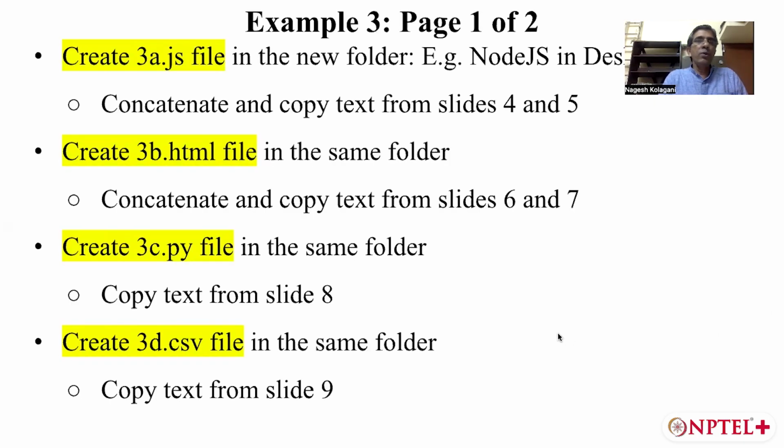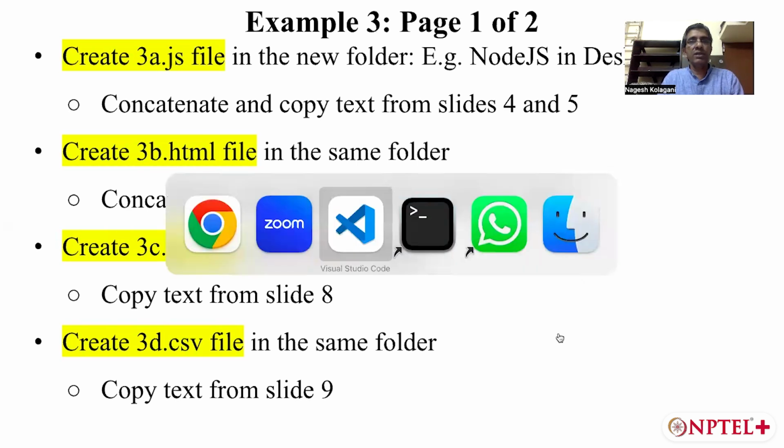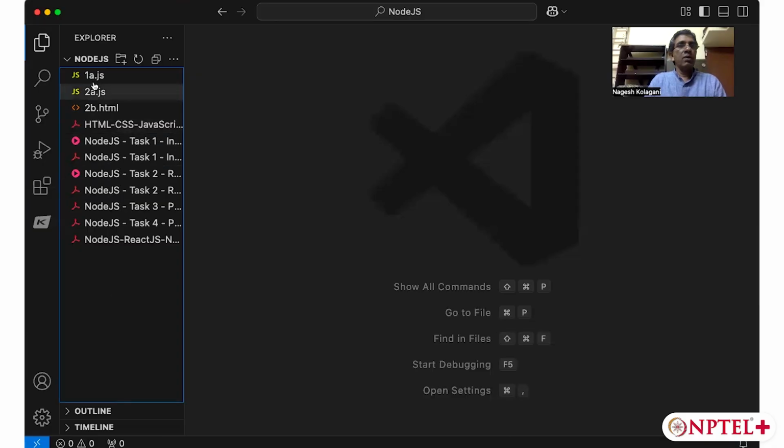So what do we do? We create a 3a.js file, just like we created the 2a.js file in the previous task 2, and we concatenate and copy text from slides 4 and 5. So let's first create 3a.js. I already have 1a.js, 2a.js, 2b.js from the previous tasks.